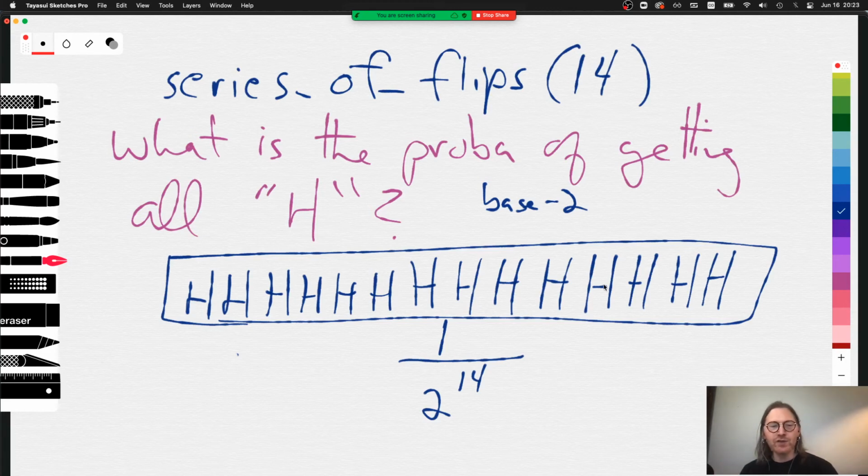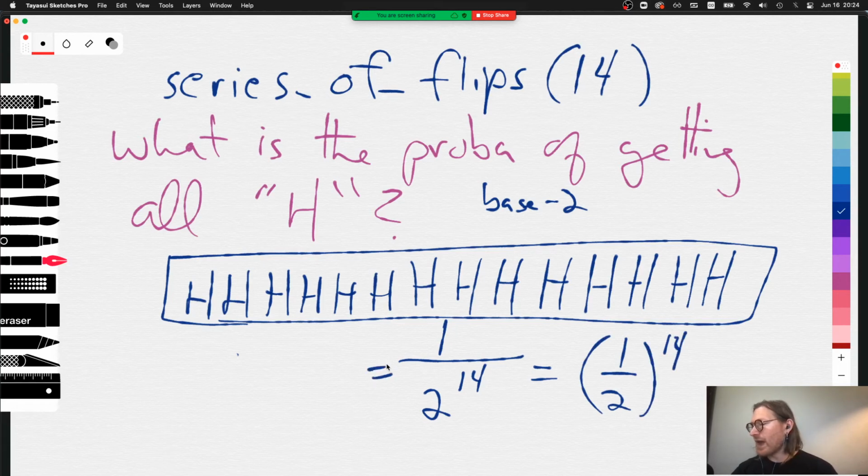We can turn this on its head a little bit. 1 over 2 to the 14th is the same thing as 1/2 to the 14th, which is the same thing as this first trial, 1/2, times the second 1/2 times the third, 1/2 and so on, 14 times.